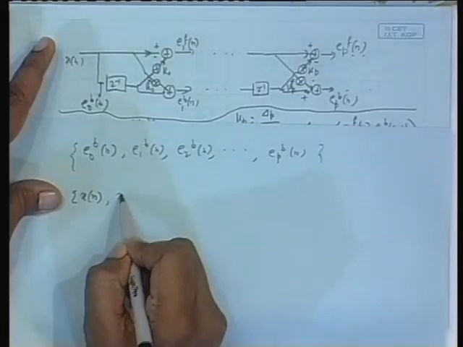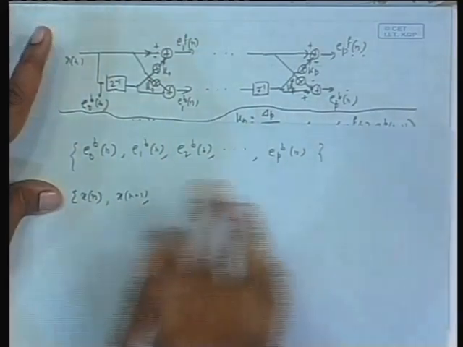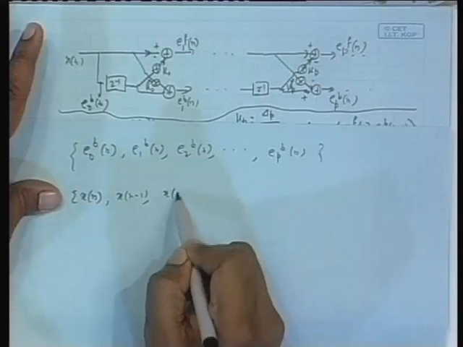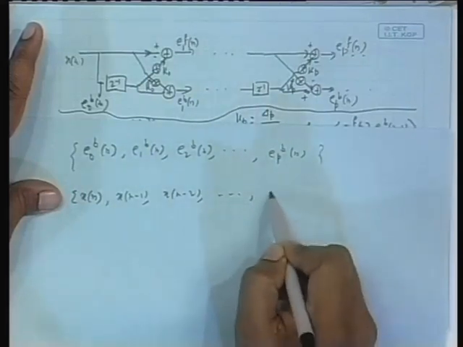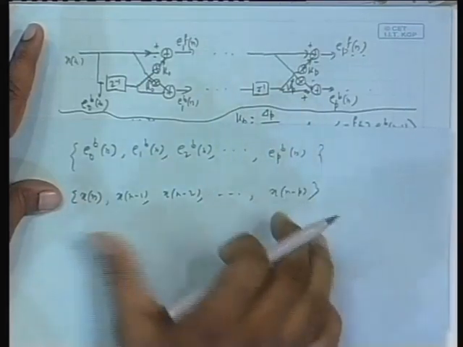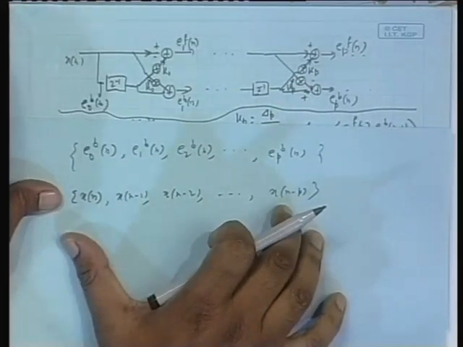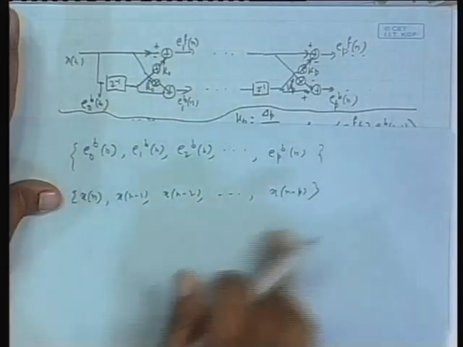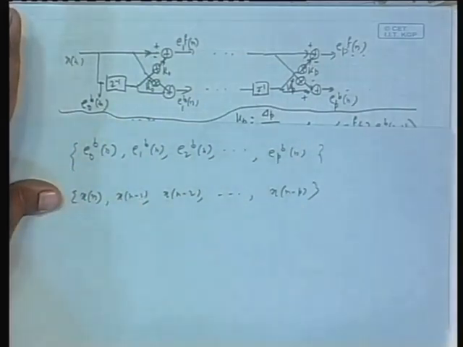Now, suppose I consider these terms on whose span you are projecting: x n, x n minus 1, say x n minus 2 dot dot dot, say x n minus p. After all, you are considering the span of this, projecting an external fellow d of n on the span, you are getting that projection as a linear combination, which is the filter output, right?